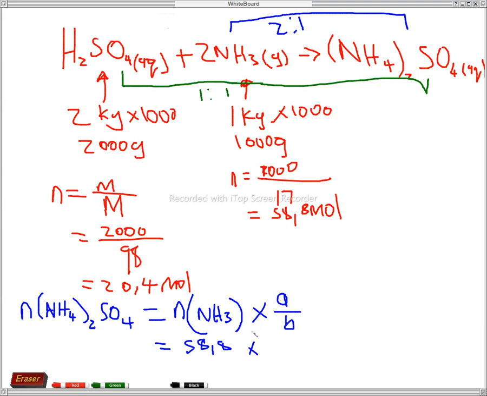My ratio is going to be 1/2, and the answer gives me 29.4 moles. 29.4 moles.